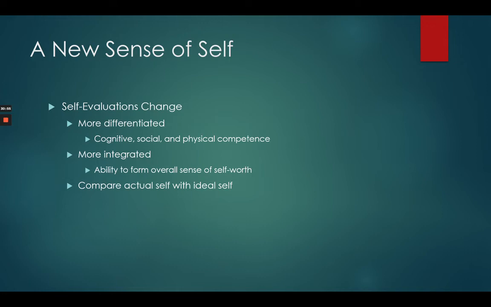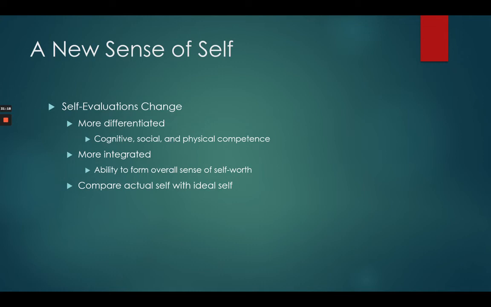So kids start thinking about themselves a little bit more, so that's more differentiated. So remember, in cognitive development, kids can think about multiple variables and factors at once, and they can think about this now about themselves. They can think about themselves cognitively. Am I smart, etc.? Am I good at math? Am I good at English?